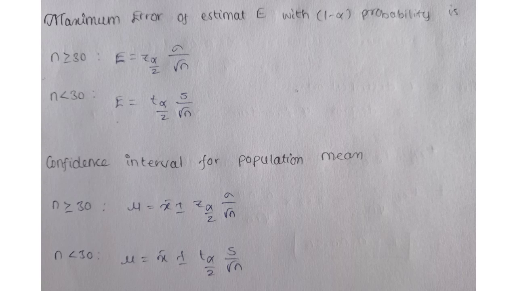Confidence interval for population mean, for n greater than or equal to 30: mu is equal to x bar plus or minus z alpha by 2 sigma by root n, and mu is equal to x bar plus or minus t alpha by 2 into s by root n for n less than 30. Now let us do a problem on maximum error and finding the confidence interval for the population.